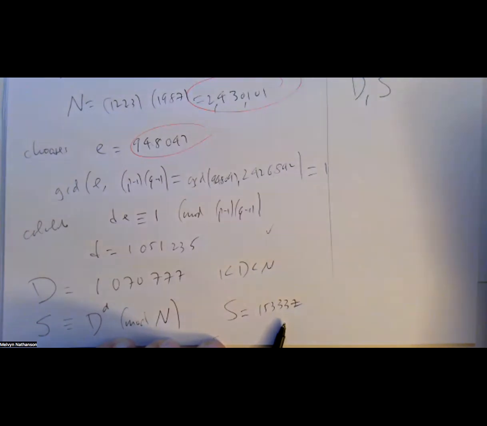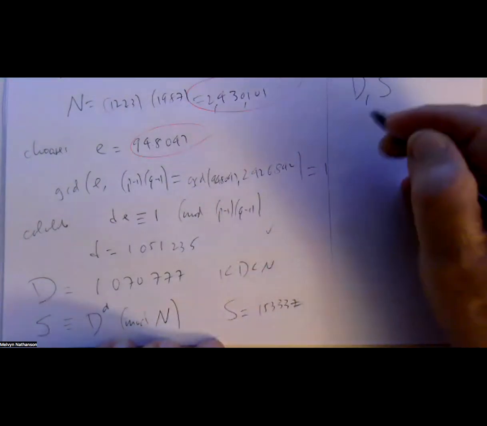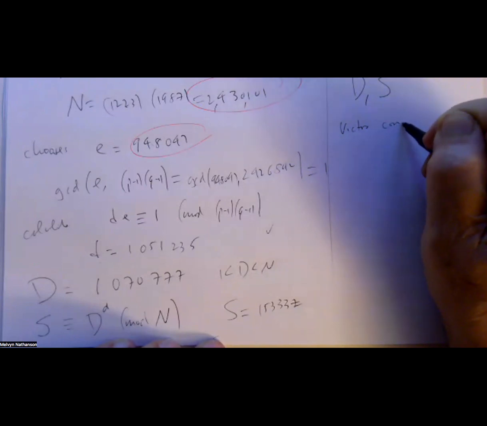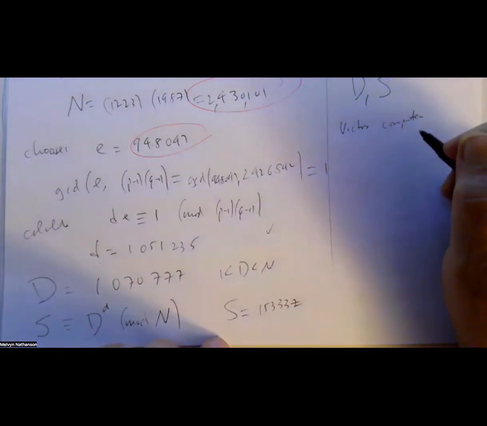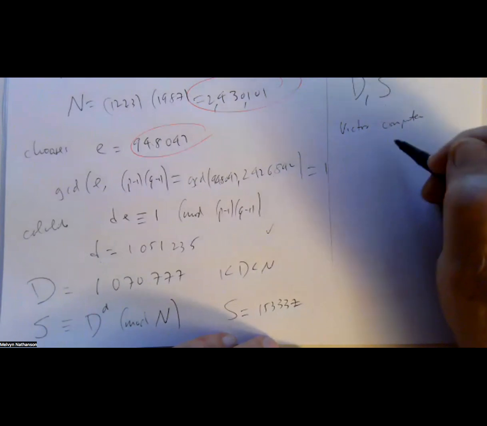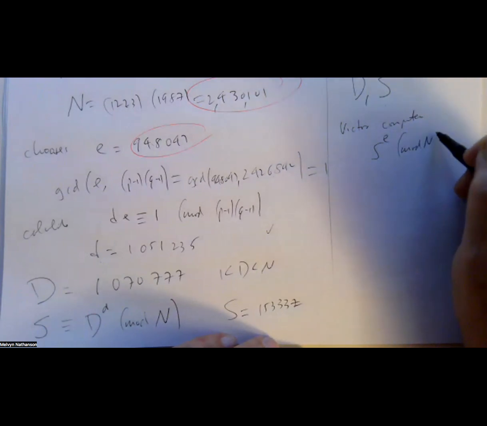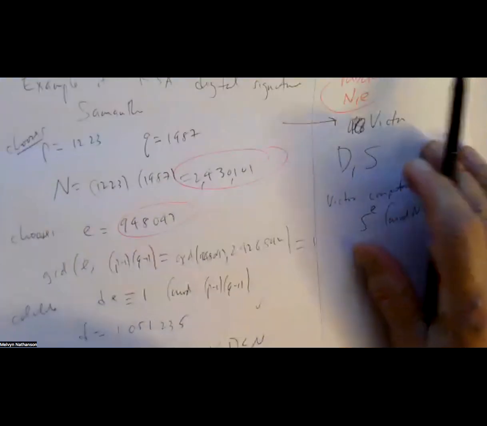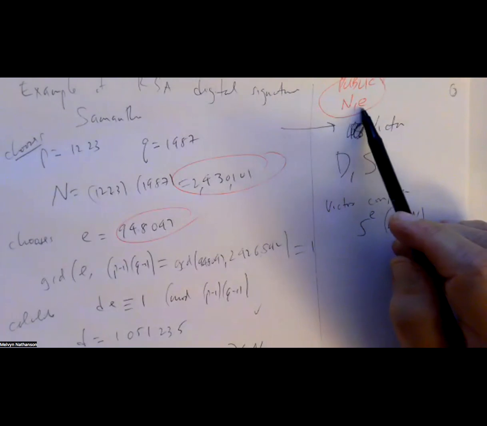So what does Victor do? Victor computes S to the power E mod N. So everyone knows N and E, right? These are public keys.